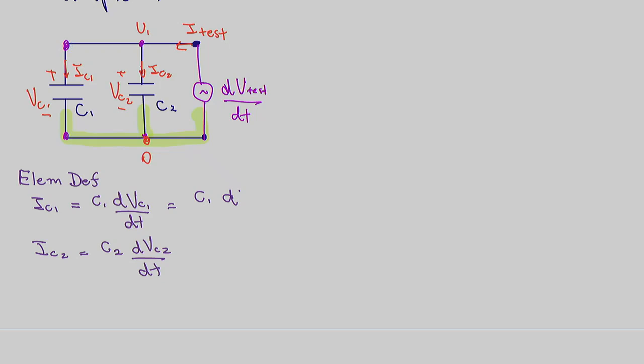So the voltage across that element is U1 minus 0, which we can write as U1. So instead of dVC1, I will write dU1 dt. Why did I do that? Because by voltage definition, I can write that VC1 is equal to U1 minus 0.